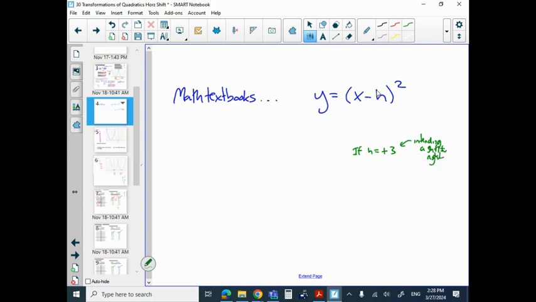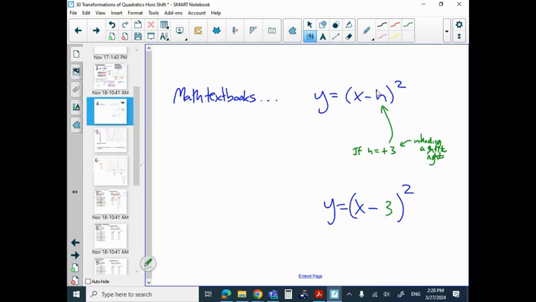Now, I'm not recommending you think about it this way, but I'm just trying to prepare you for things you might see. So if you're intending that to be to the right, well, then this equation works because you put the 3 into there, and the equation becomes y equals x, take away that positive 3, right? Take away that 3. And so when you graph that, it does indeed move it to the right.